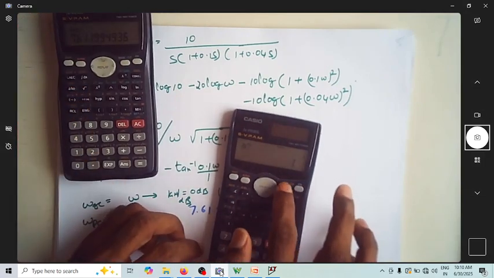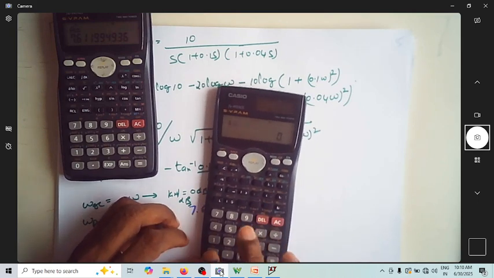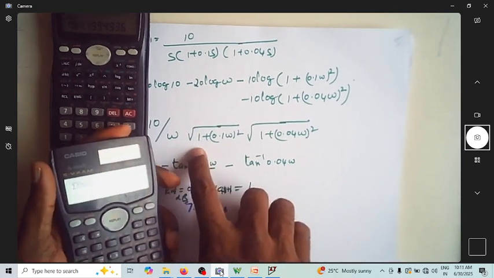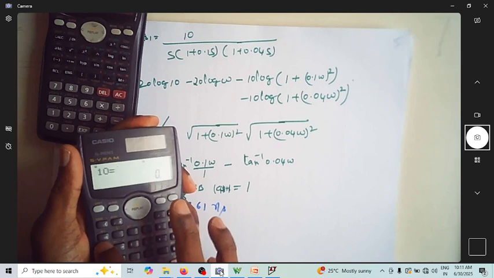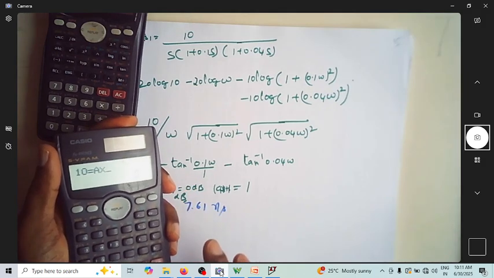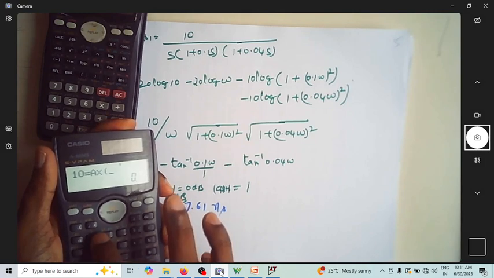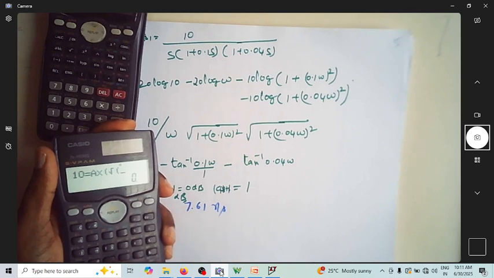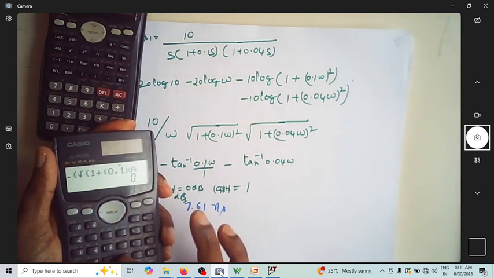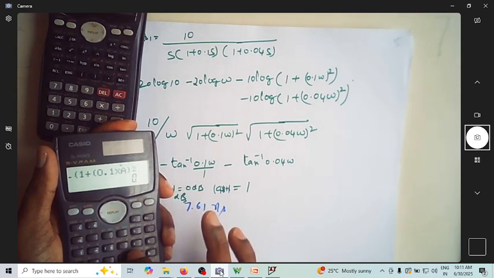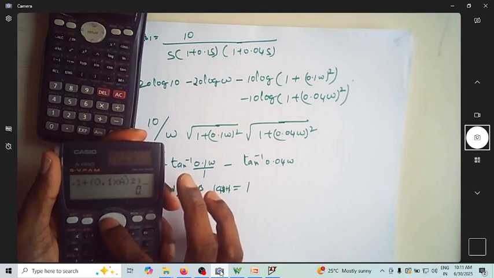So I will make this 10 alpha equals, so what is this? Alpha a multiplied by, open the parenthesis, square root, open the parenthesis, 1 plus, open the parenthesis, 0.1 into alpha a, close the parenthesis, square, close the parenthesis again.